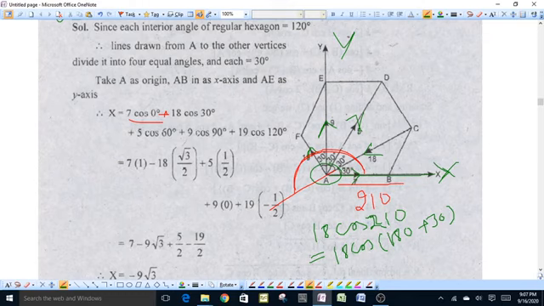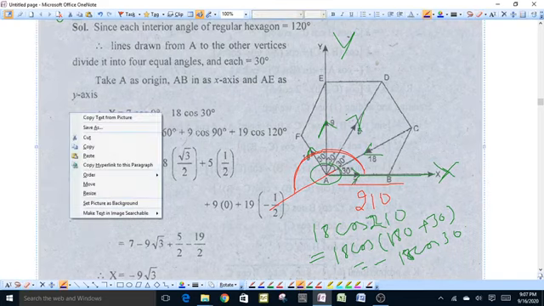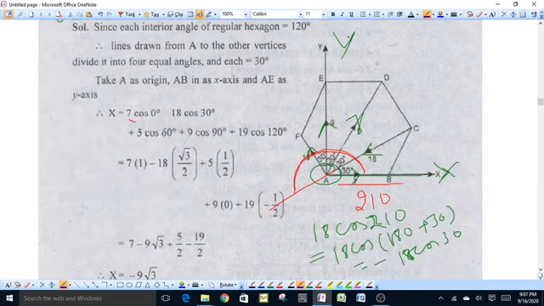This cos (180 plus 30) will be equal to minus cos 30, so we get minus 18 cos 30 degree.